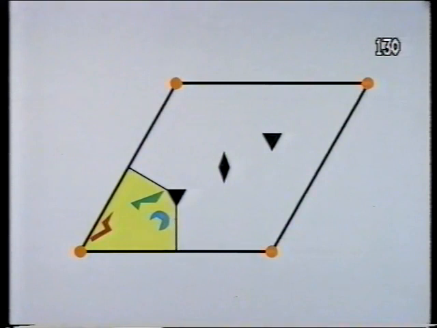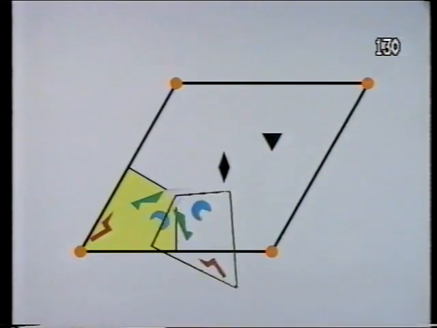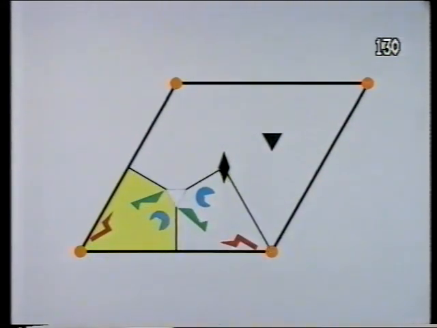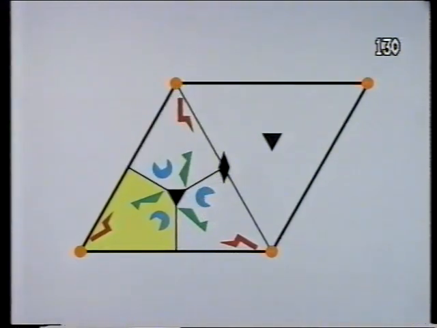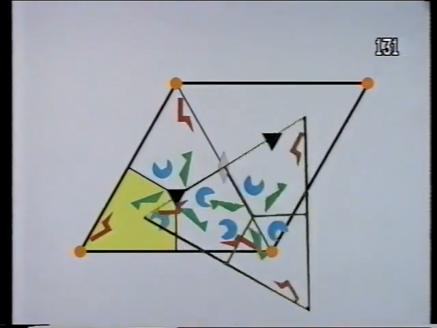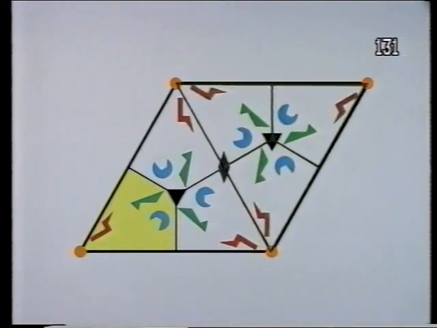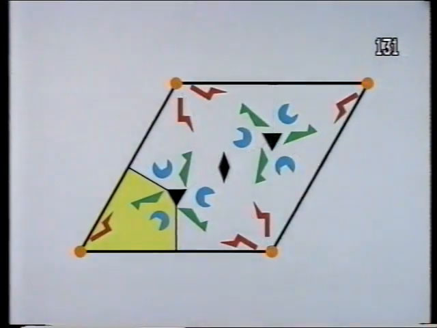Successive rotations of order 3 will fill half the parallelogram. Finally, a rotation of this half about the centre of the parallelogram by 180 degrees fills the parallelogram. We then cover the plane as before.